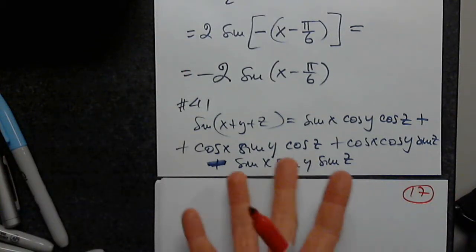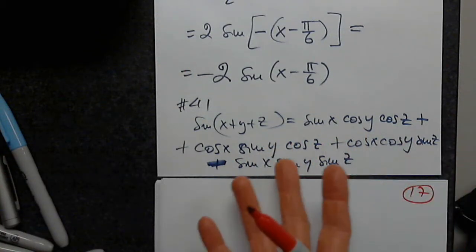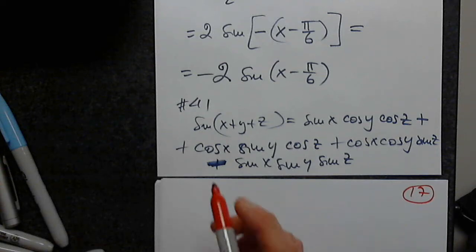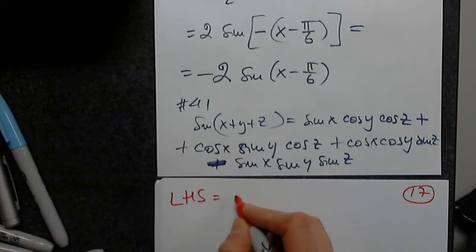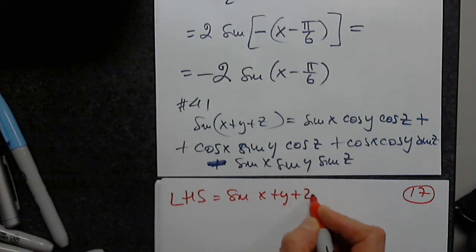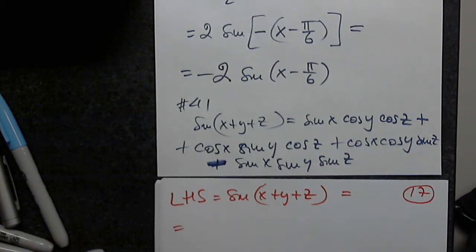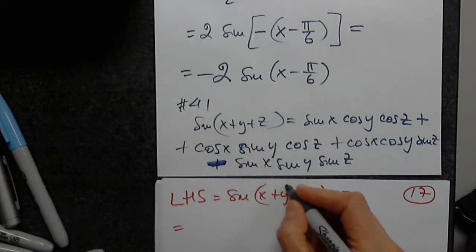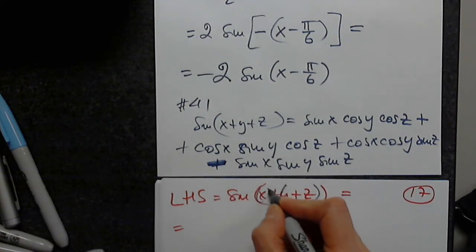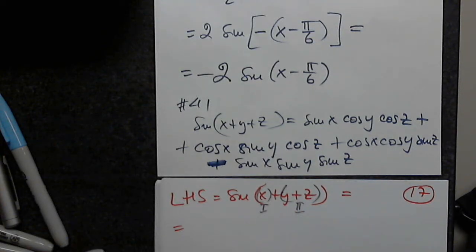Although you can say, why don't you try to factor all these 4 terms. It's possible. But I recommend the left-hand side, which is sine of x plus y plus z. And if you say to me, well, we haven't talked about sine of a sum of 3 angles. Yes, we only know the sum of 2 angles. No problem. I am going to call this angle 2 and this angle 1, and I will apply the formula twice and I'll get all those terms.